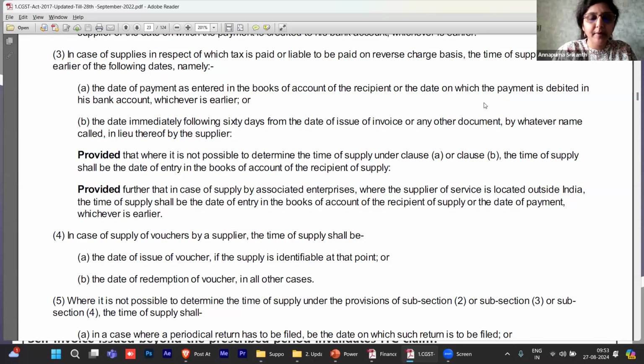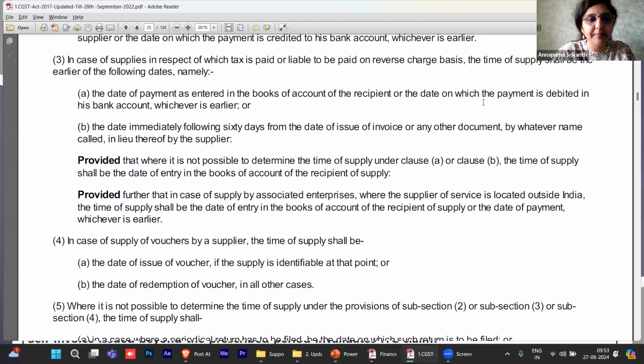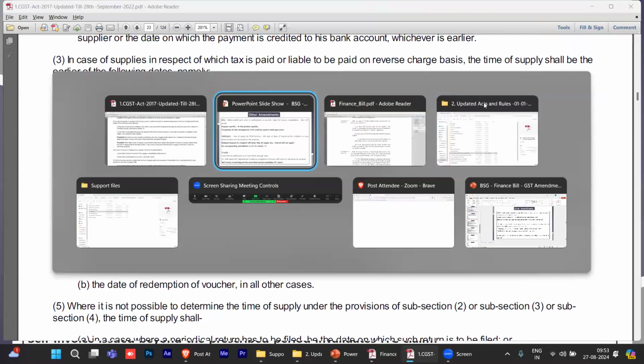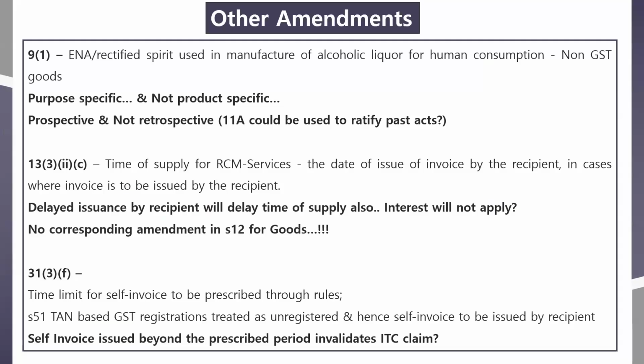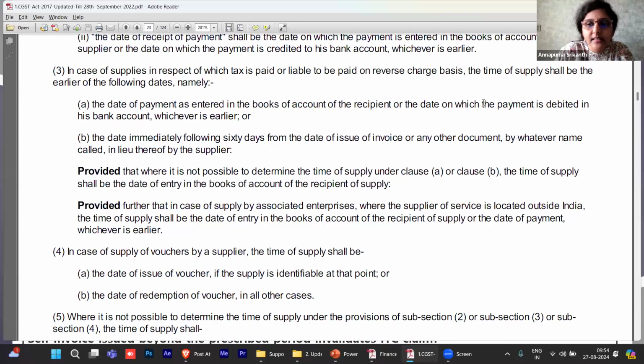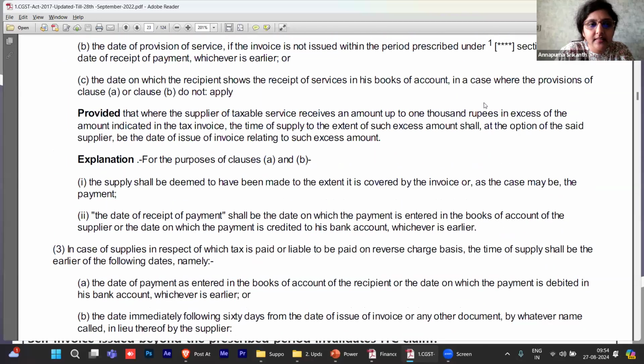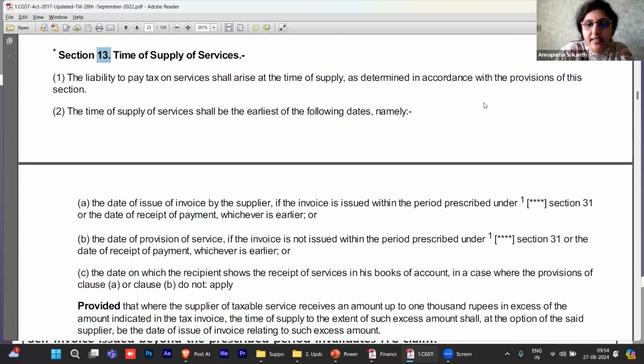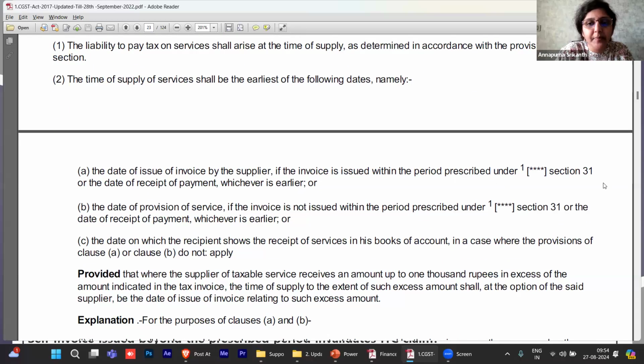So making of the payment gets retained as it is even after this amendment. I think now that you have to raise invoice, the time limit is being set out in the rules separately for RCM. So that fits in. If we compare 13(2), it says issued within the prescribed period in section 31.